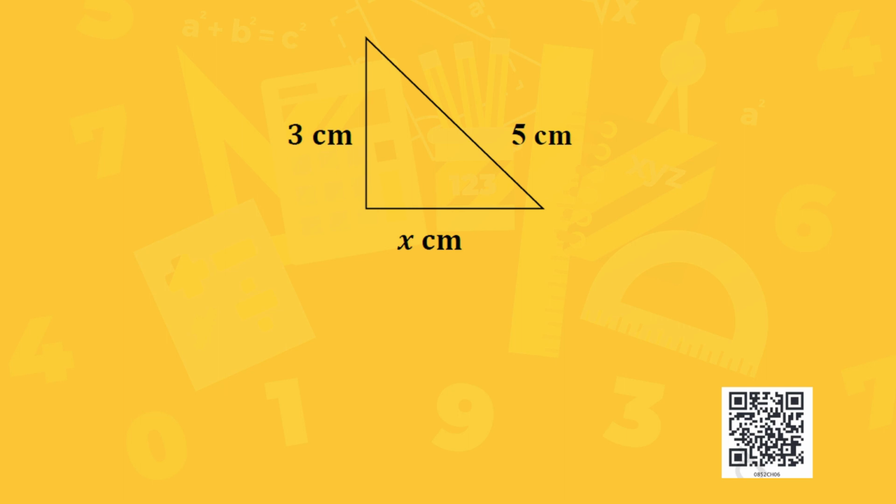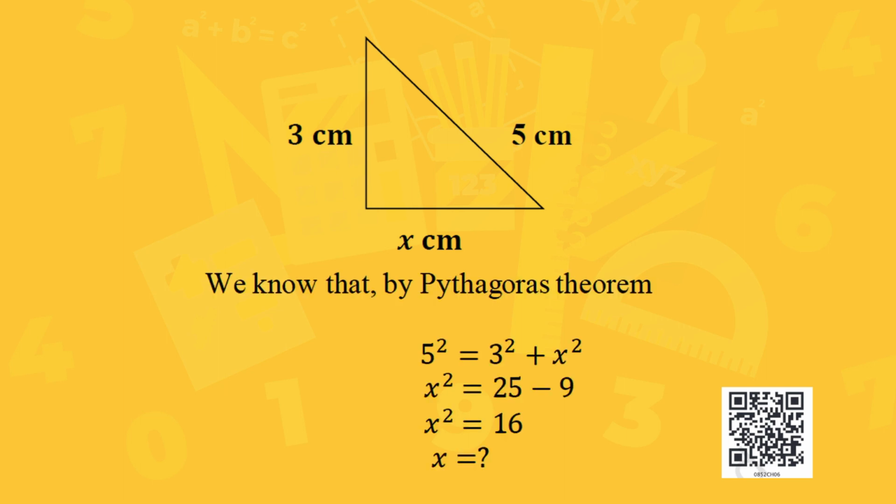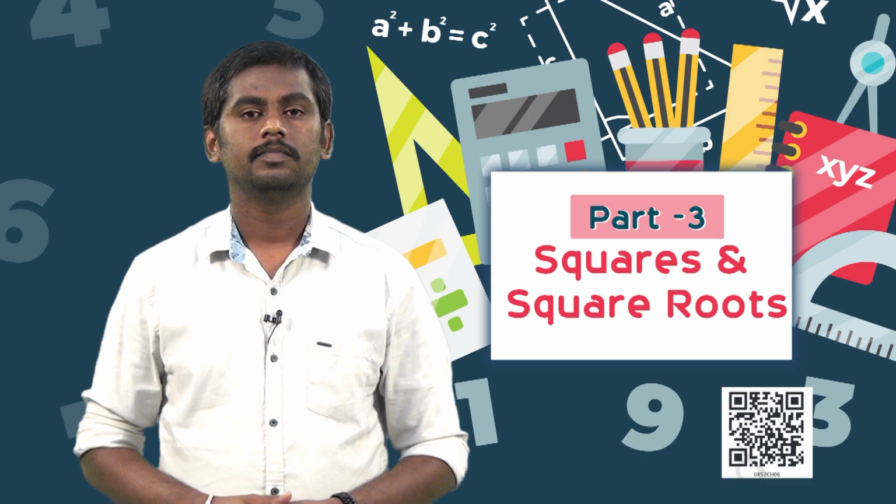By Pythagoras theorem, we can write 5 square is equal to 3 square plus x square. Upon simplification, x square is equal to 25 minus 9, which implies x square is equal to 16.